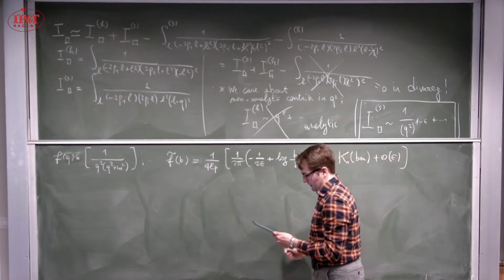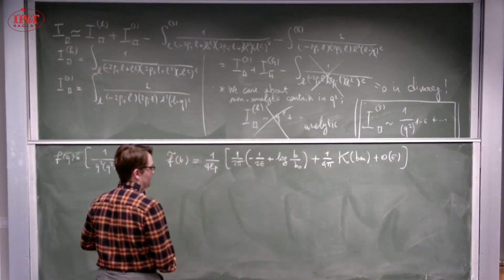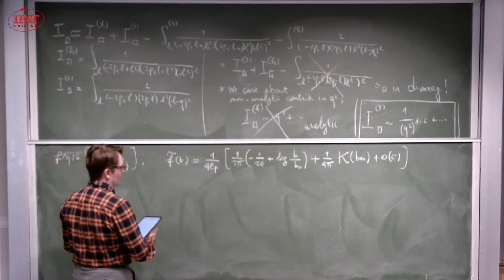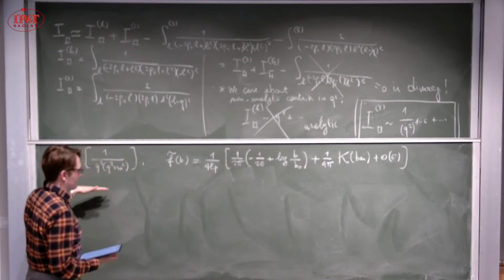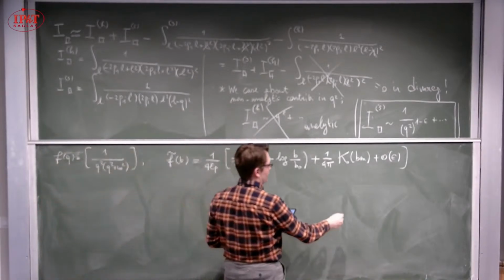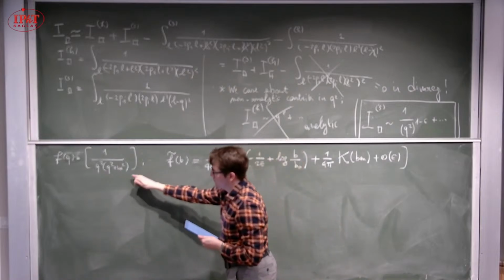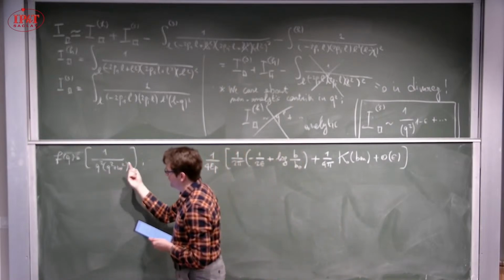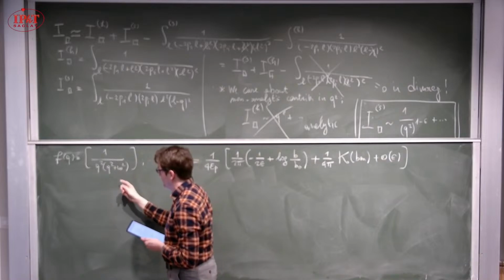And you can check that the same conclusion holds when applying the method of regions, in the sense that if you're now interested in the limit of large b of this expression, what happens is that you can restrict to the soft region here. So in practice, consider q of the same order as 1 over b and therefore neglect q squared with respect to m squared.